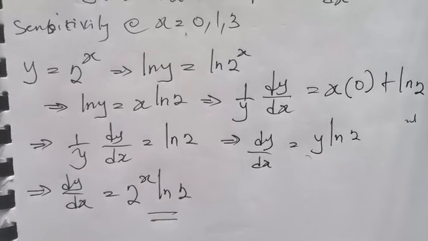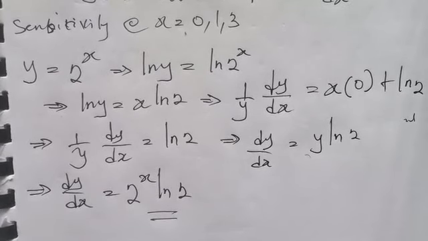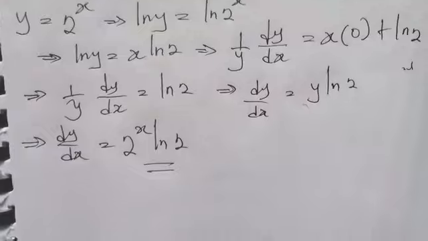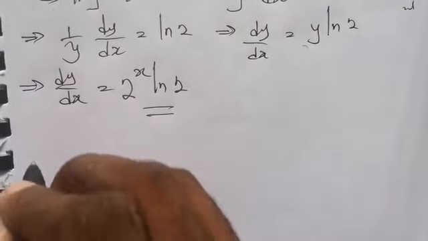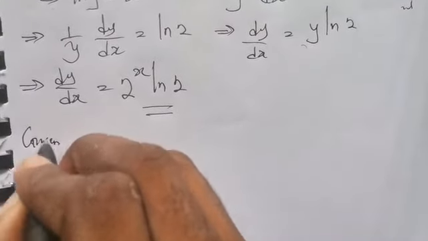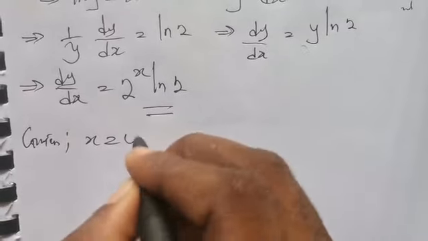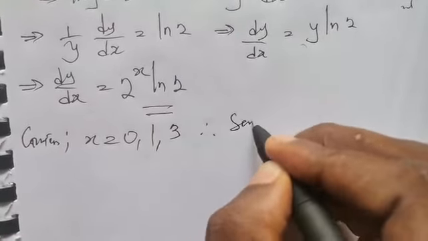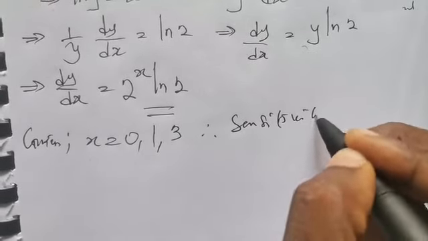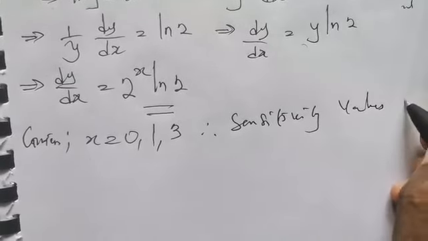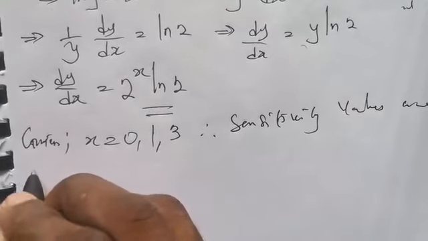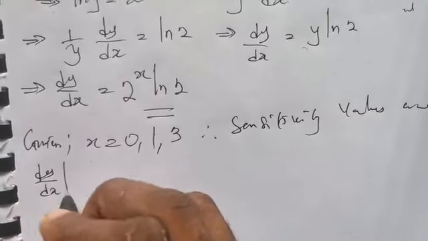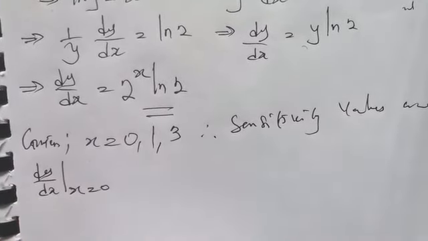So given the values x equals 0, 1, and 3, therefore the sensitivity values. First you find dy/dx at x equals 0.